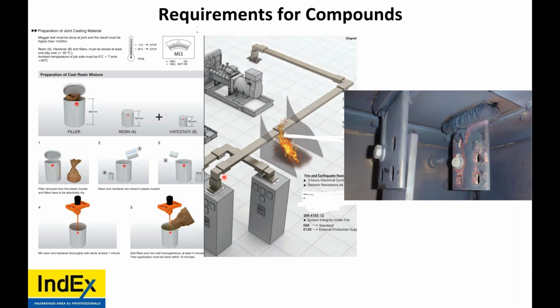So it can go from switchgear or a transformer all the way over to a motor or a compressor on a train, a big GE or BH compressor. It's waterproof, it's fireproof, and it's also rated for earthquakes. So they specifically tell you how to pour these joints.